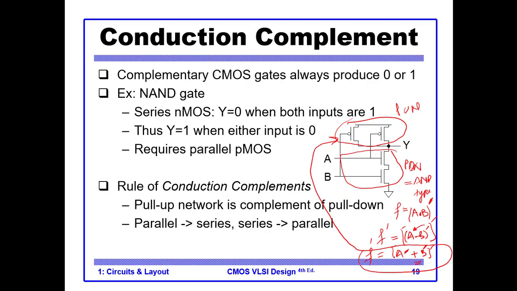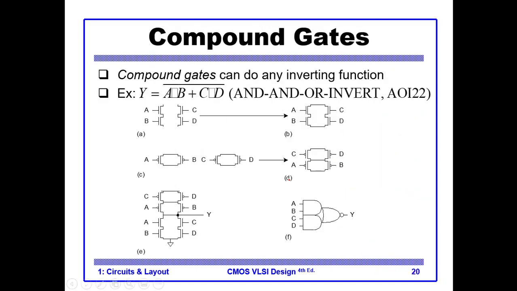In the NAND gate it is opposite. The pull down network is N type or series, and the pull up network is OR type or parallel. So this is the story.